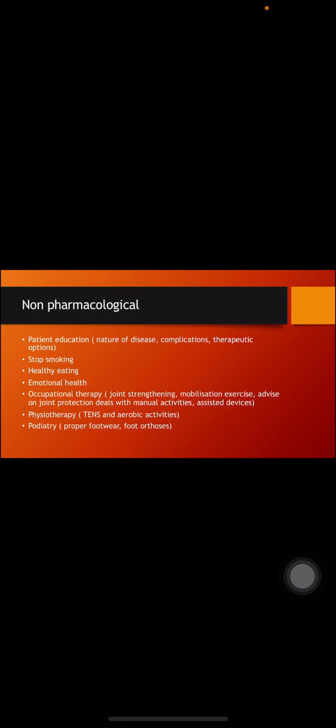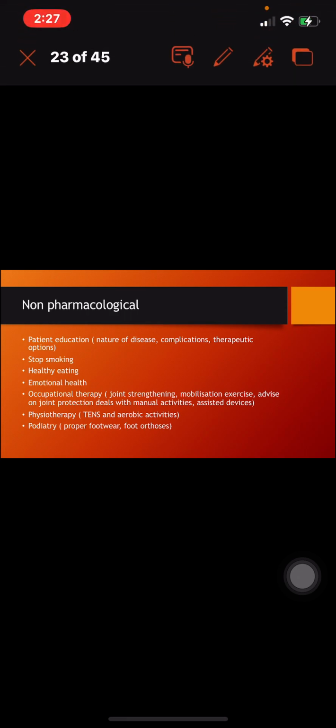Non-pharmacological treatment basically is education. Educate the patient about the disease, the complications, and therapeutic options. Stop smoking. Healthy eating is very important: a high fiber, high protein, low sugar, low fat diet. Emotional health, with regular screening of their mental health, especially for depression.